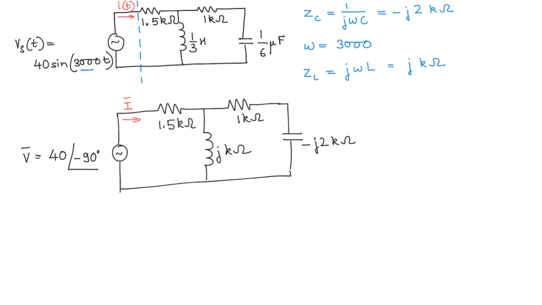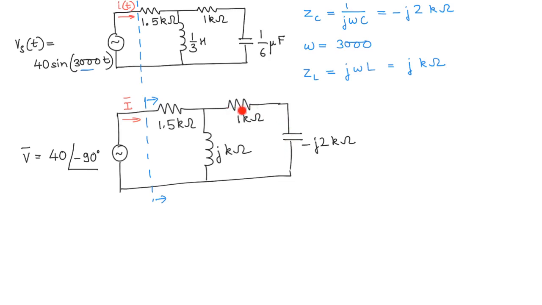To find I, the first thing we said we'll do is find the impedance on the right hand side of this line. So how do we find the impedance here? We can see that this capacitor is in series with this resistor.